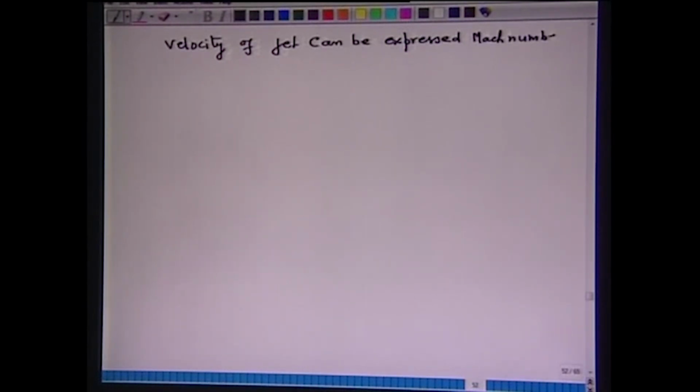What is the Mach number? Say Mach number is velocity of gas upon velocity of sound, that is M = V/A.